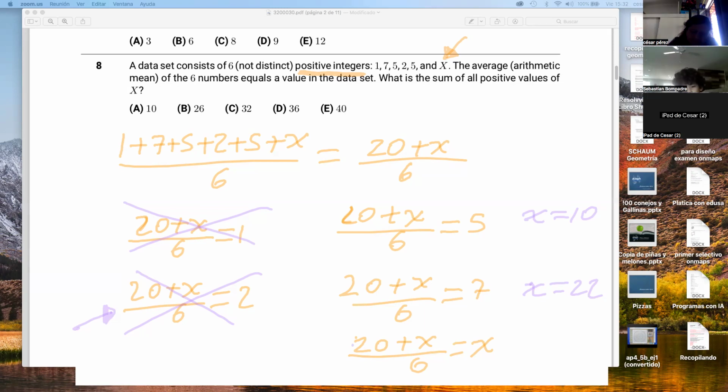X equals 4. And we already covered all the options, all the possibilities. So what is the sum of our positive values? 36. Okay. Yeah.